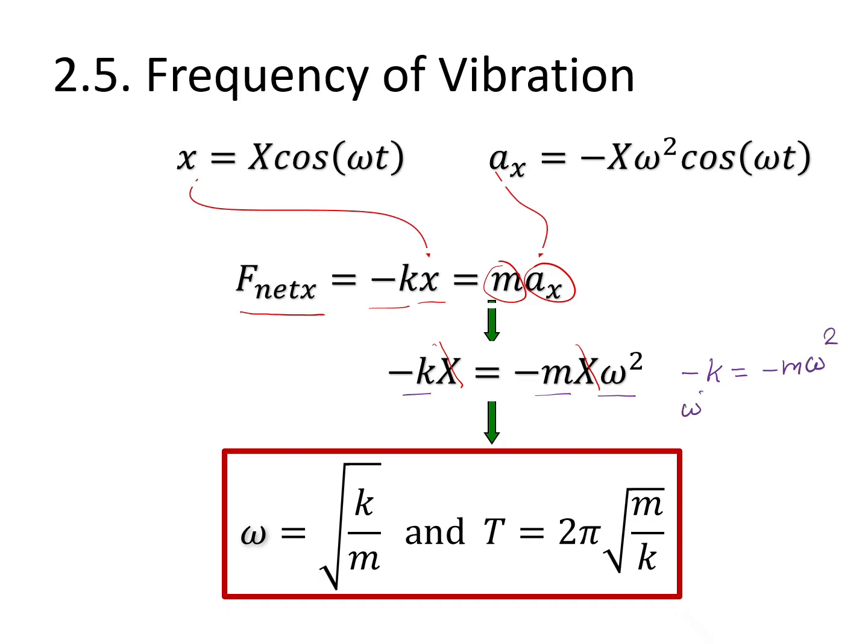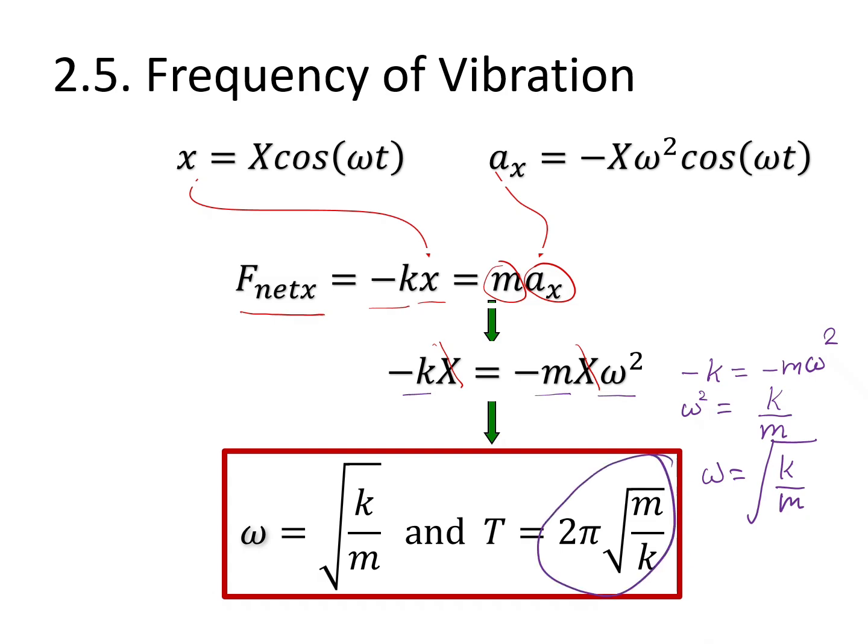So the angular frequency is the square root of spring stiffness divided by mass. This tells us the oscillator moves faster when the spring is stiffer and slower when the mass is larger. The period is related to angular frequency, so the period becomes 2 pi times the square root of mass divided by spring stiffness.